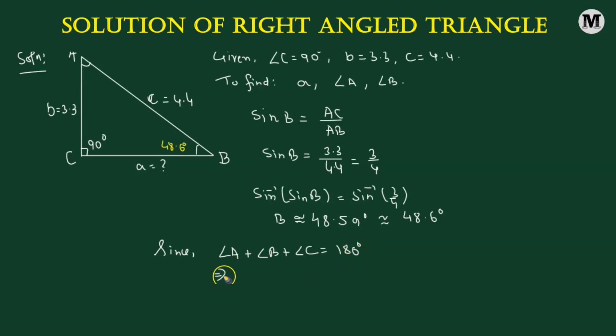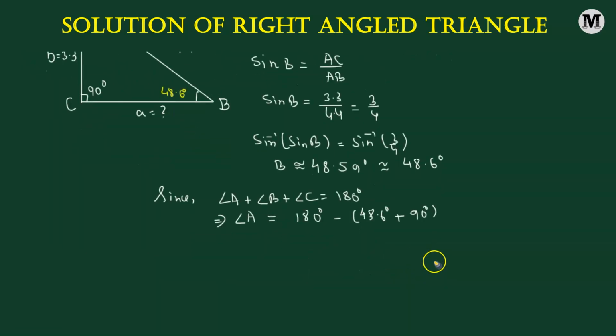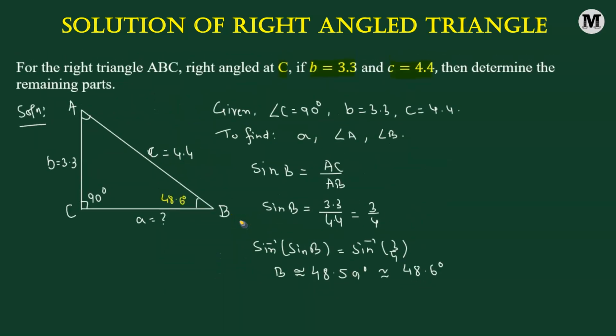Which means that the angle measure of A is going to be 180 degrees minus angle B, which we obtained as 48.6 degrees, added to 90 degrees. So that should give us the angle measure of A. It is going to be 41.4 degrees. That is going to be the angle measure of A. So we've obtained the angle measure of A as 41.4 degrees.